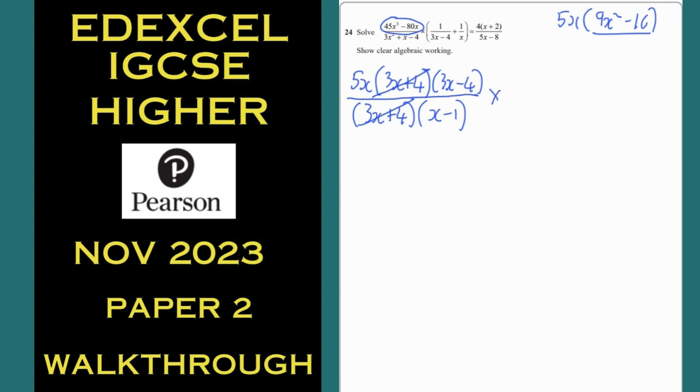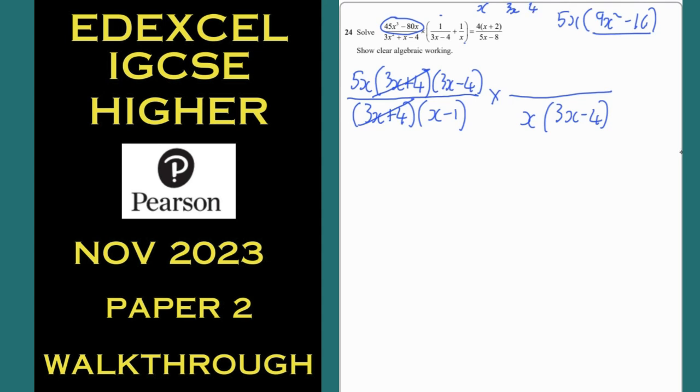But we are multiplying. Now let's combine these two. I always multiply the bottoms and cross multiply the tops. So 1 times x is 1x. 3x minus 4 times 1 is 3x plus 4. I'm going to simplify that.